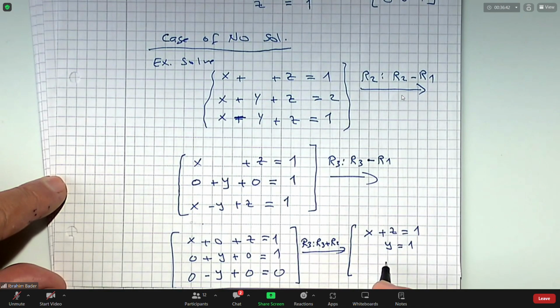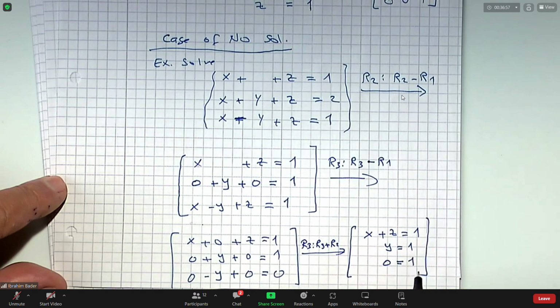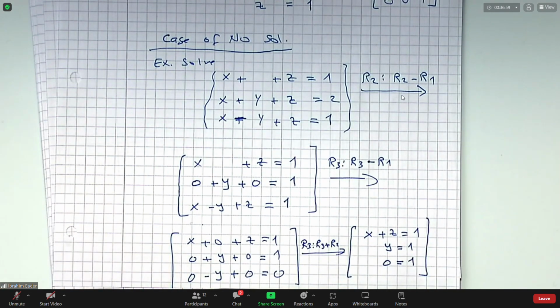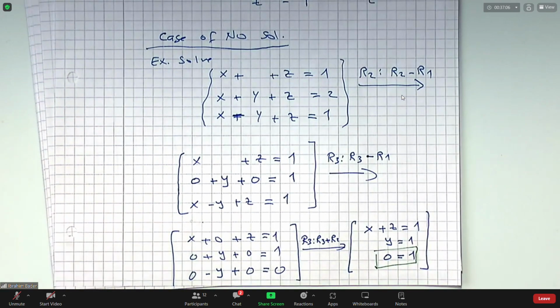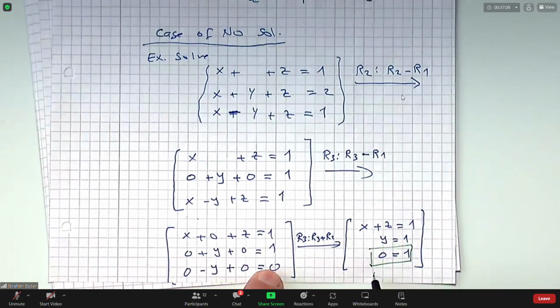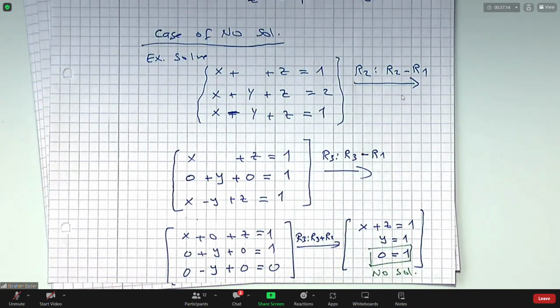And here what did we get? y minus y is 0, and here I got 1 plus 0 is 1. You see, this is the contradiction. Once you reach such a contradiction in your elimination, this means there is no solution.